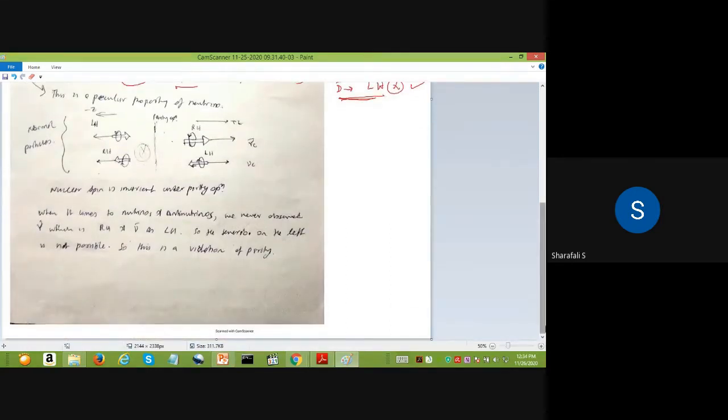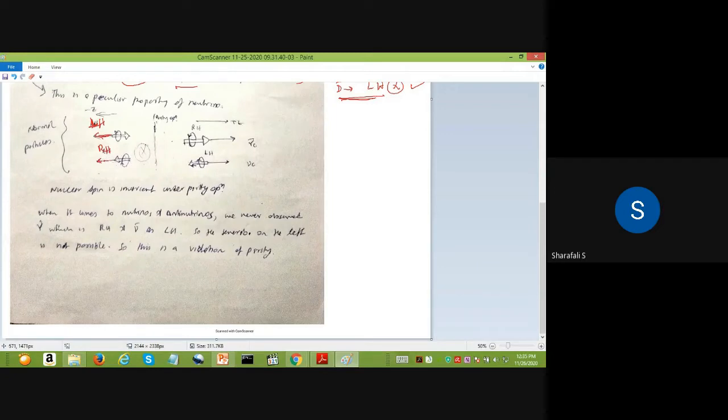Okay, so when we consider two different particles, in the normal case, if you consider the parity operation now, if you have a particle which is left-handed, in left-handed we know that the spin will be opposite to the momentum direction, or the particle velocity, that is, the direction of motion. Similarly, in this case this is right-handed, which means that the spin direction is the same as the direction of motion.